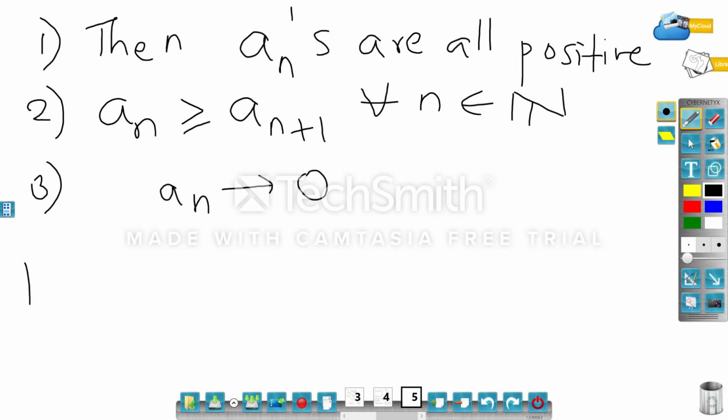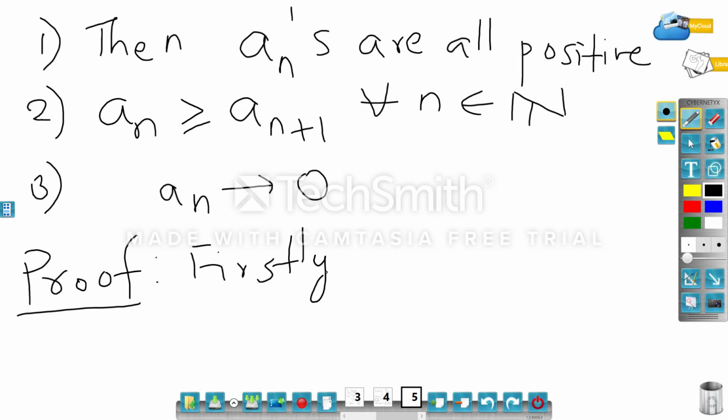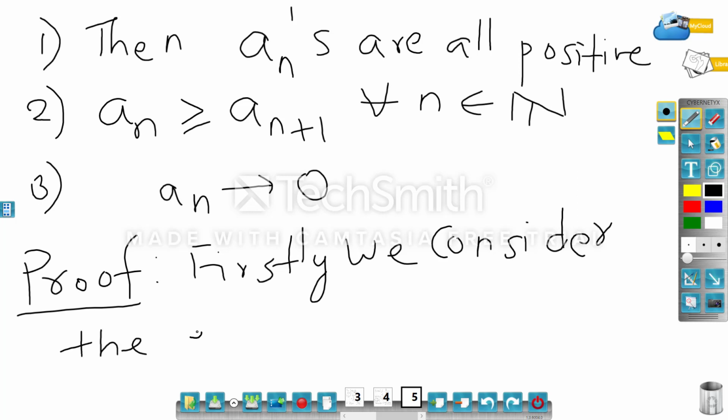Proof. Firstly, we consider the even partial sums.